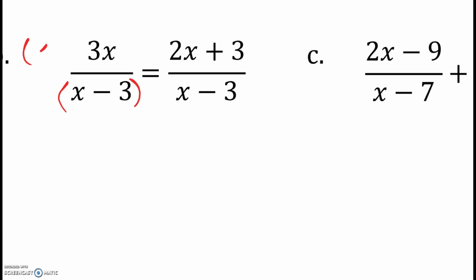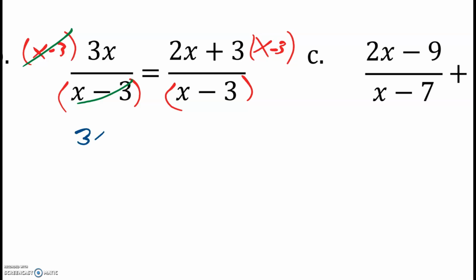So I'm going to multiply everything by the factor x minus 3, remembering that a common factor in the numerator cancels with a common factor in the denominator. So these factors cancel, and I'm left with 3x. And these factors cancel, is going to be equal to 2x plus 3.